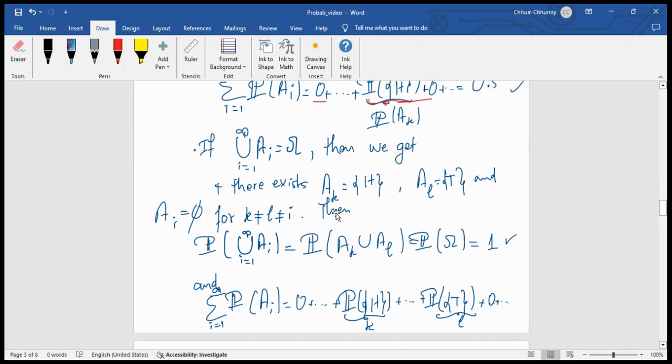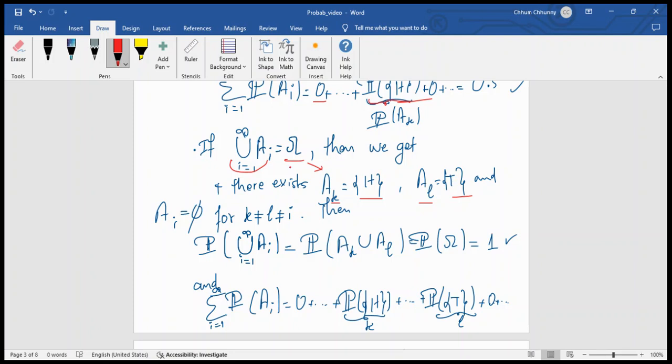So I go further to indicate that the union is equal to omega. In this case, we divide it into two subcases. The first subcase is there exists AK equal to the set of H and AL equal to the set of T. Why can we do that?